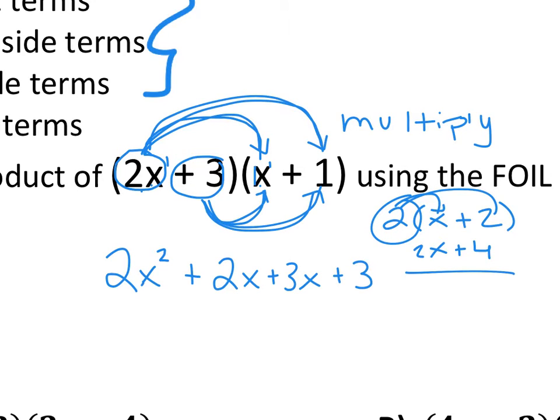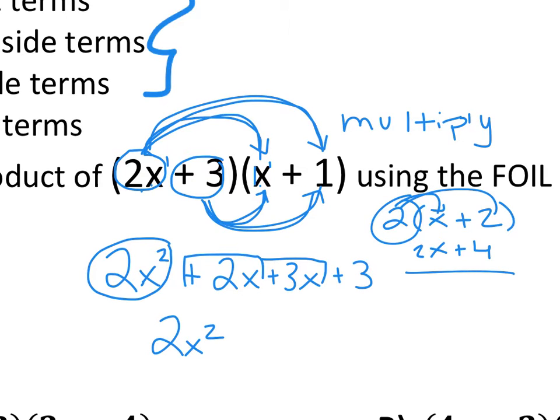It's that easy. The next step is to collect any like terms if we have them. Like terms mean that the letters have the same degree. So for this 2x squared, do I have any x squareds in the rest of the expression that I've written down? Nope. So it's just by itself. This 2x, though, I can add to this 3x because they're like terms.